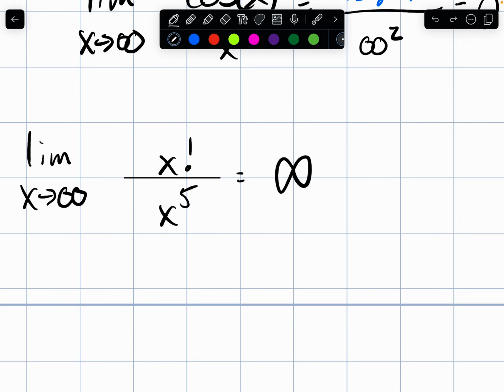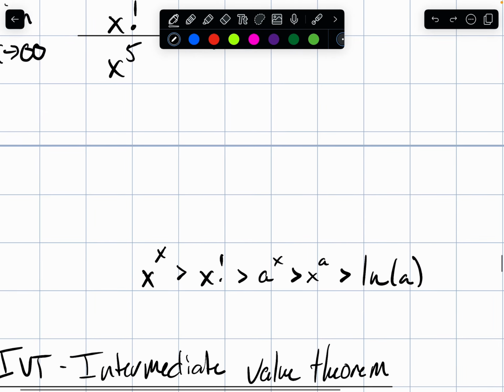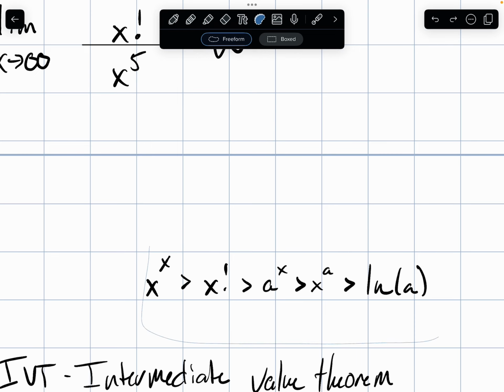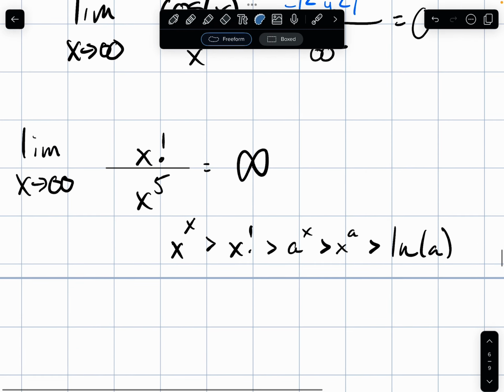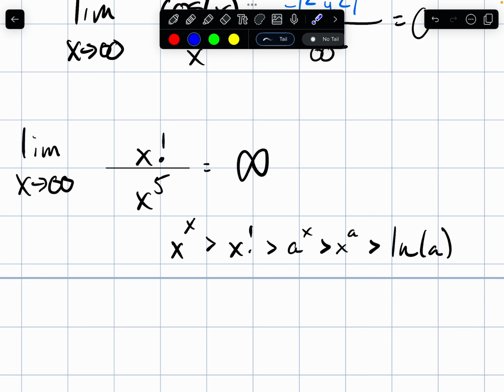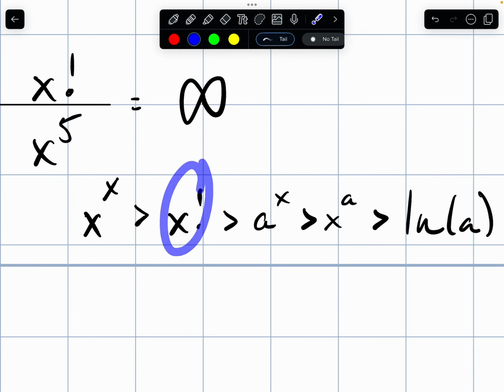So these sort of relationships are going to be important, and we have this real quick, I don't want to say cheat sheet, but little thing to reference. So anything where it's like infinity to the infinity power is going to be the largest. Then the factorial.